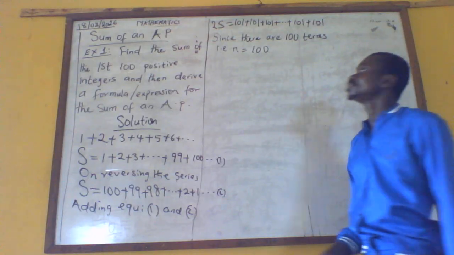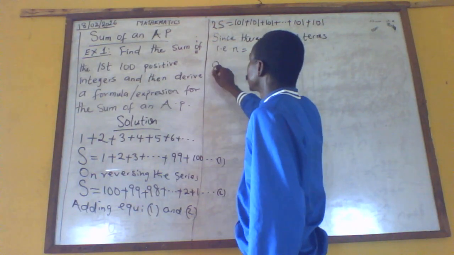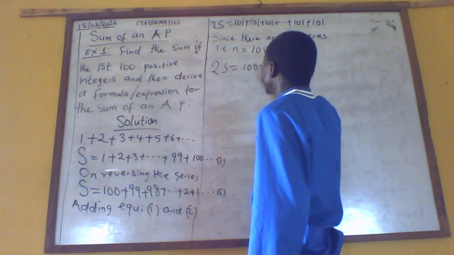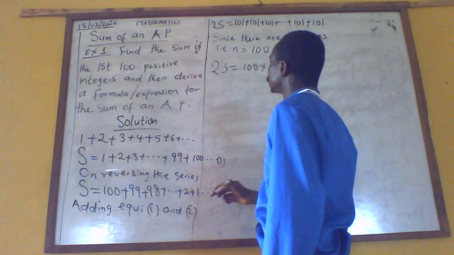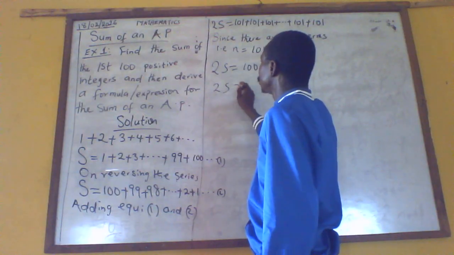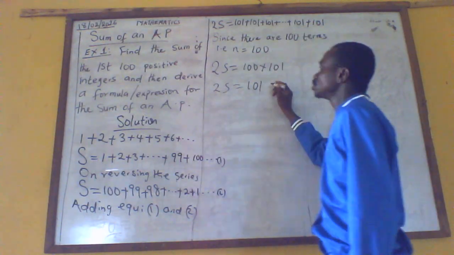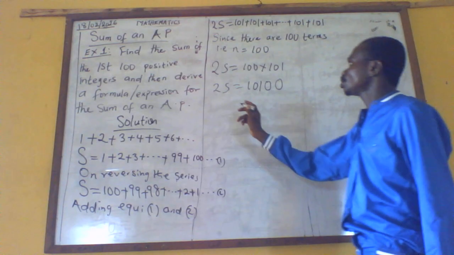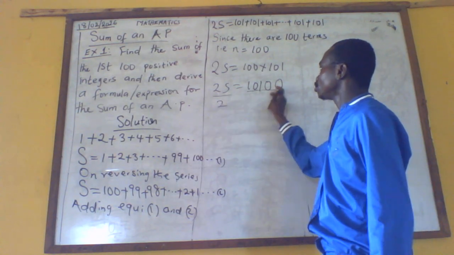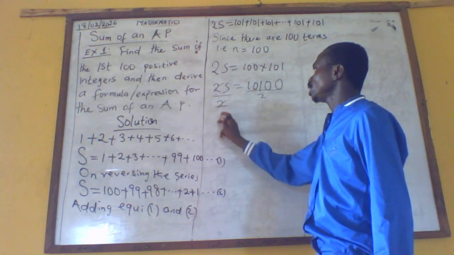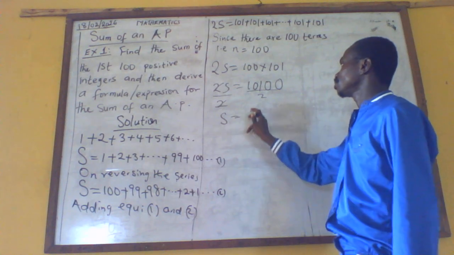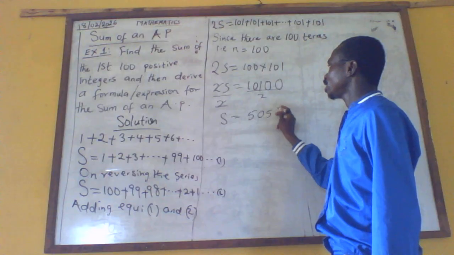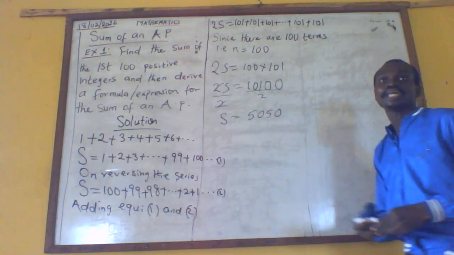So we have 2S equals 100 multiplied by 101. So 2S will be equal to 10,100. Right? So I can divide both sides by 2. So S equals 5,050. Right? You can confirm that.